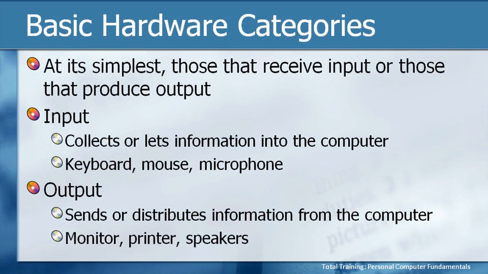Of course, the opposite is also true. We also have output devices or output hardware. These are things that send or distribute information from the computer. So a monitor can show us information, maybe a message where the computer is trying to tell us there's a problem or that we need to do something else. A printer is an output device that creates hard copies. So instead of looking at something electronically on a screen, the printer lets the output come in a piece of paper that we can then carry around, fold up, or mail off.